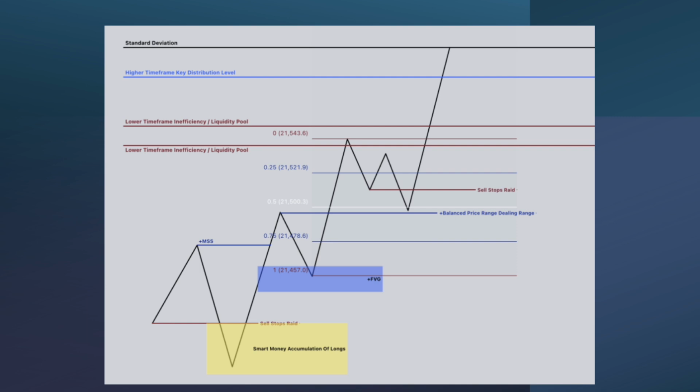If I'm trying to buy a car from a car dealership, if said car is at the price of $10,000, then what I would want is for it to be at the price of $9,500. That is a discount of $500. So if I'm going to try and buy something, I would like to buy it at a discount. I do not want to buy it at a premium. And it sounds very logical, yet retail traders do this every day when they buy on a breakout.